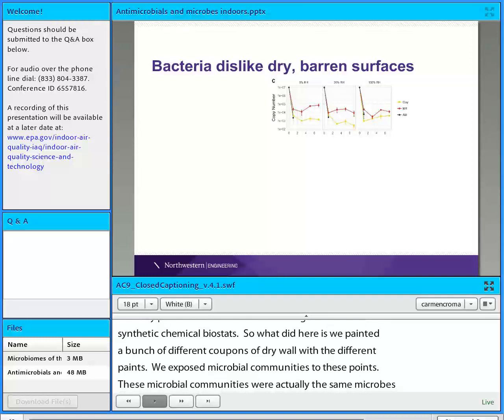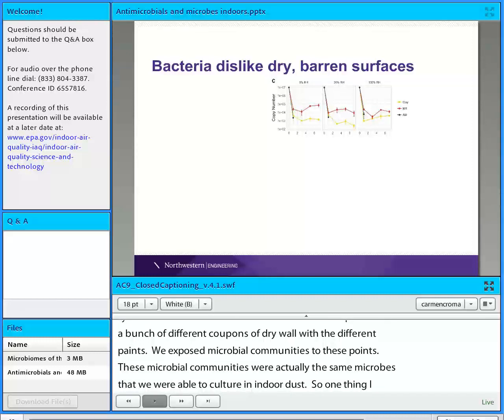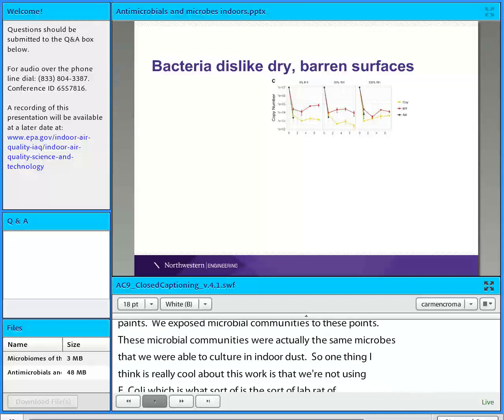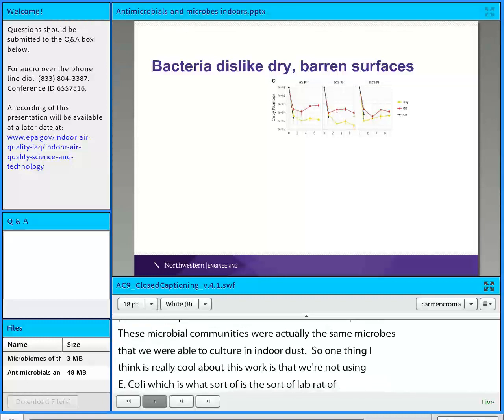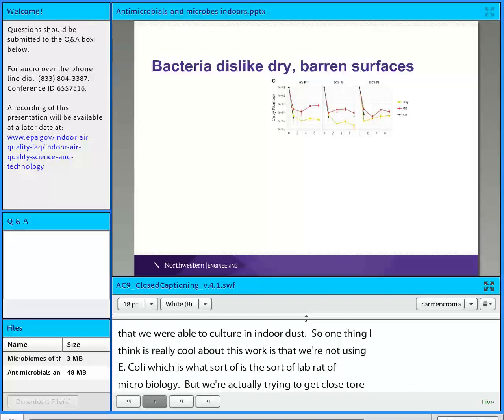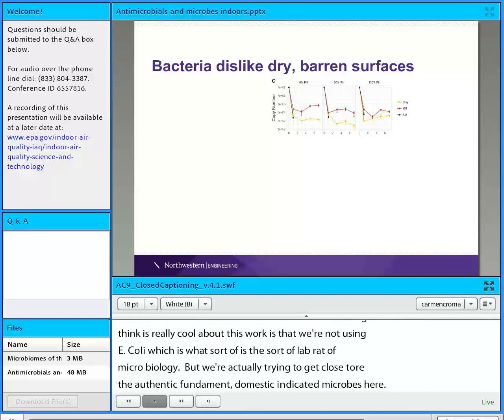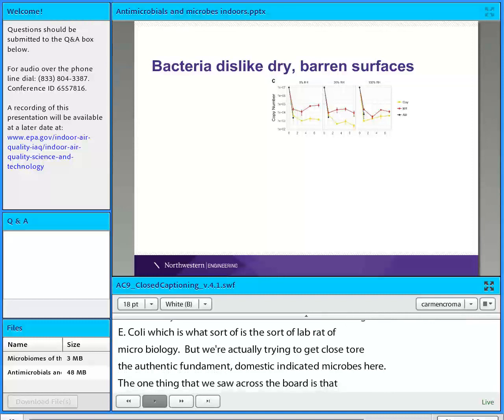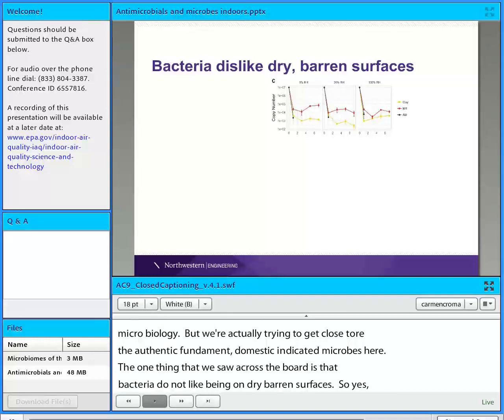One thing that I think is really cool about this work is that we're not using E. coli, which is sort of the lab rat of microbiology, but we're actually trying to get closer to the authentic, undomesticated built environment microbes here. And one thing that we saw across the board is that bacteria do not like being on dry, barren surfaces. Most of the organisms that get deposited on surfaces in the built environment, in the absence of water, all they do is die.